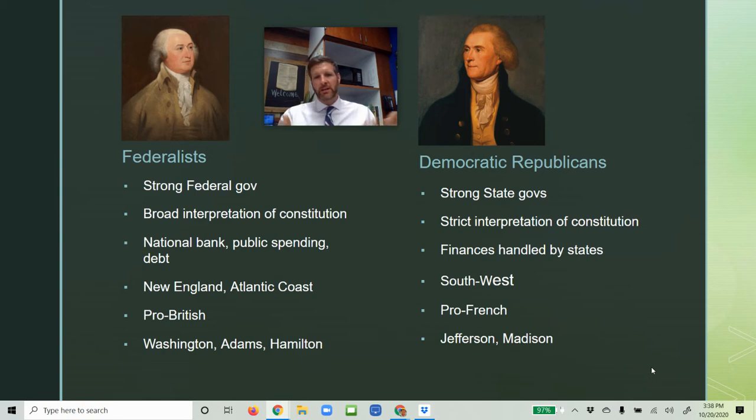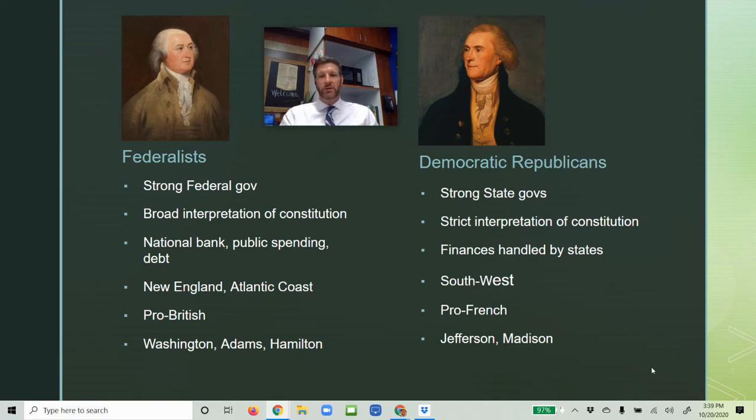The Democratic Republicans just put the opposite of everything I just said. I won't go through it detail by detail, except that they saw more of an inspiration in the French Revolution, which was kind of a bottom-up, fully democratic, totally egalitarian movement. They favored states' rights and individual rights.